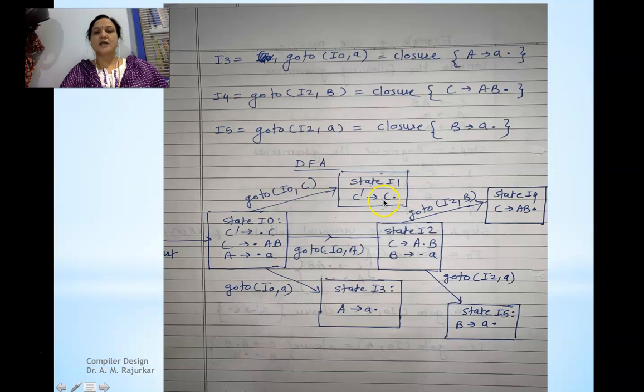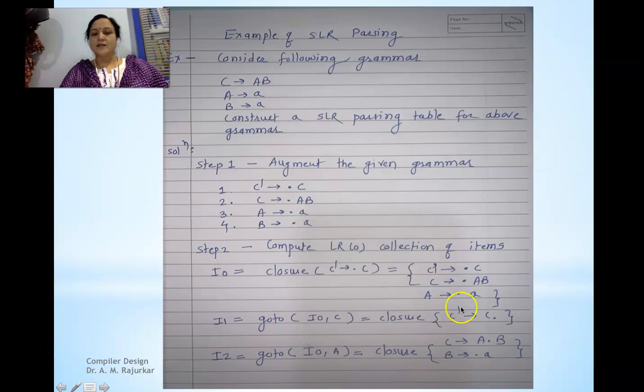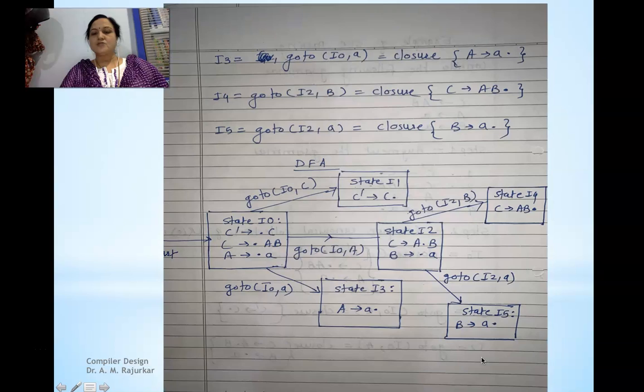On C I am getting I1, that is C dash tends to C dot. On A, from I0 I get goto(I0, A). So state I2, what are the contents of I2? I2 is C tends to A dot B and B tends to dot A. The same thing I am writing here in the form of a DFA.